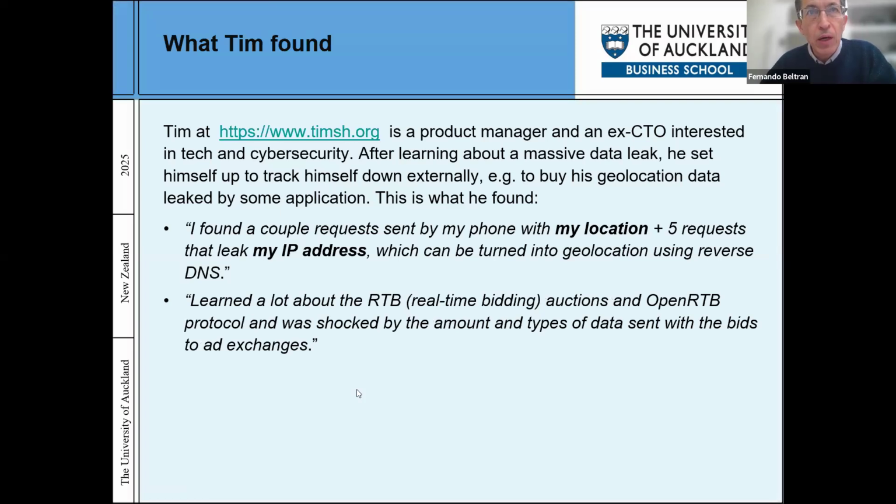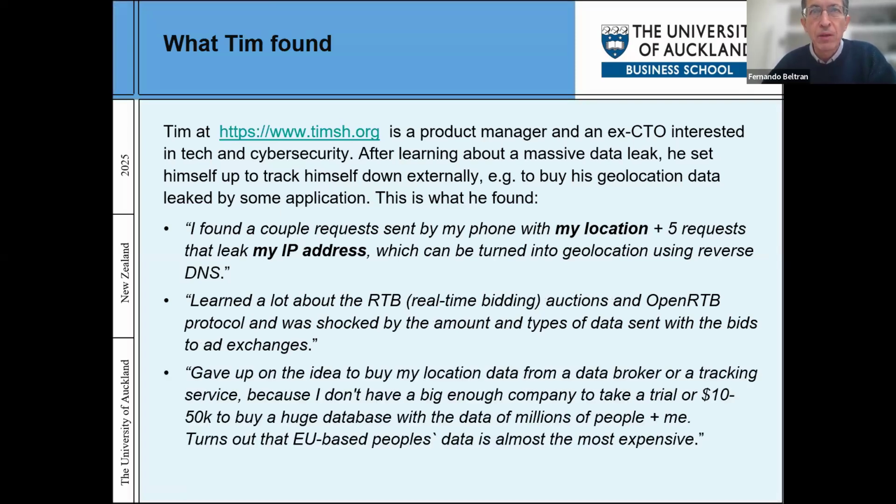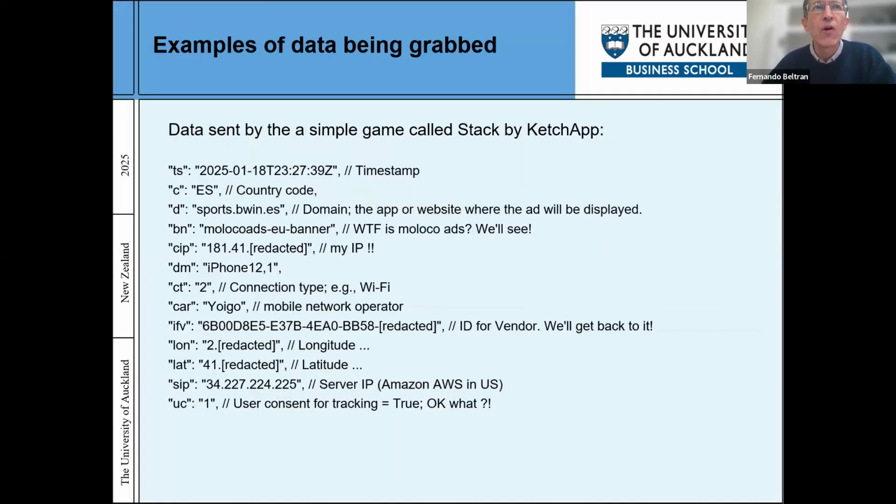He learned also about something called real-time bidding, which happens in auctions where data was being traded. He was shocked by the amount and types of data sent by the bids at places called ad exchanges. Eventually he gave up on the idea of purchasing his own data, as the offers would involve him paying thousands of dollars, and he probably wasn't interested in getting that far.